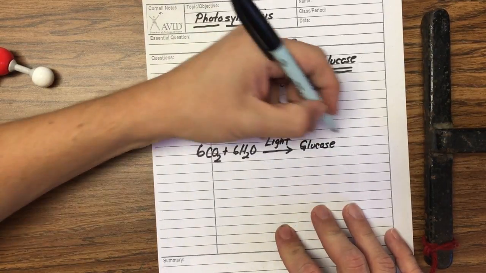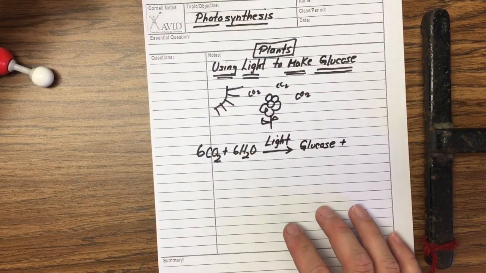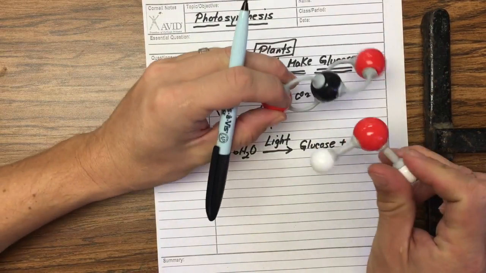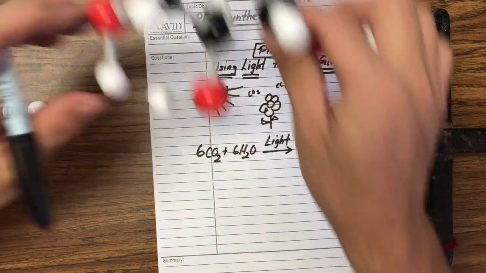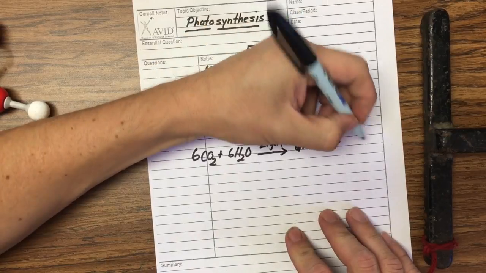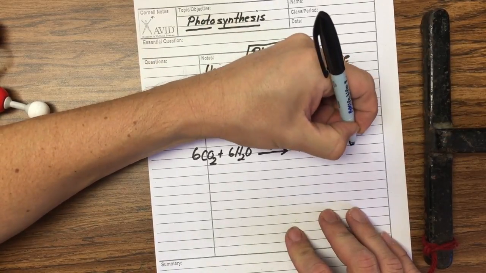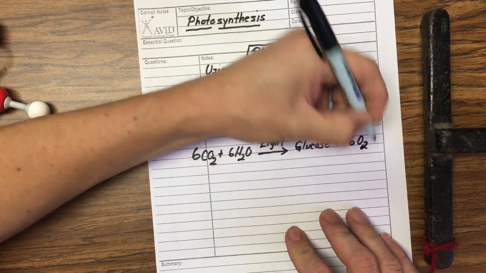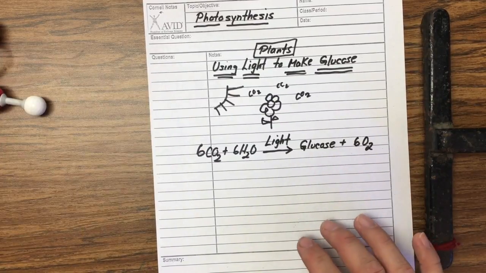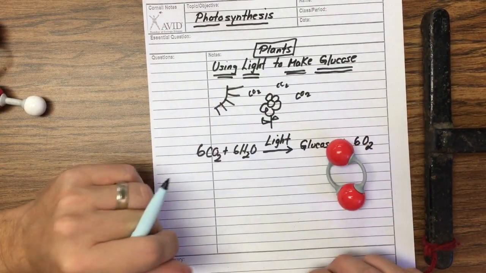okay? Now, the byproduct is, because when you have all these molecules, not all of those are going to be used to build it. So what's left over is going to be turned into 6 O2, because you're going to have leftover oxygen, and those oxygens get turned into this, right?